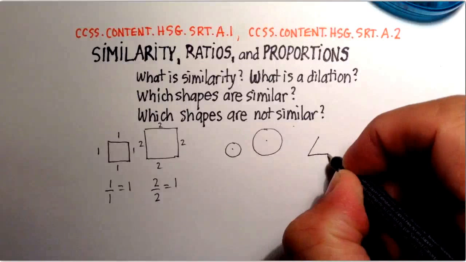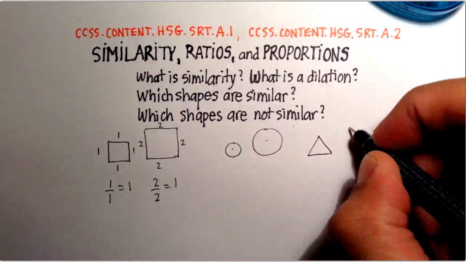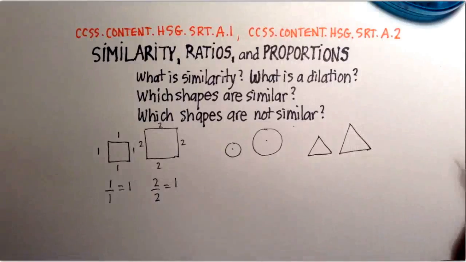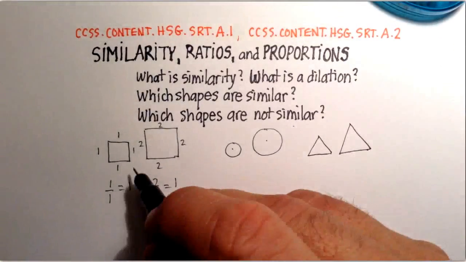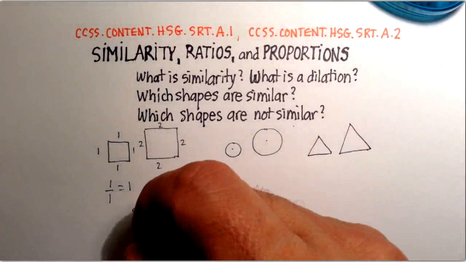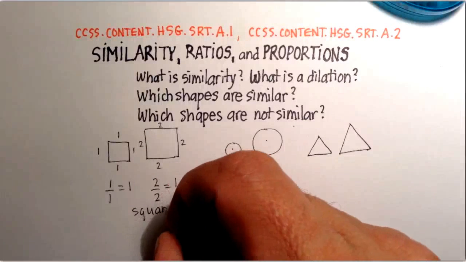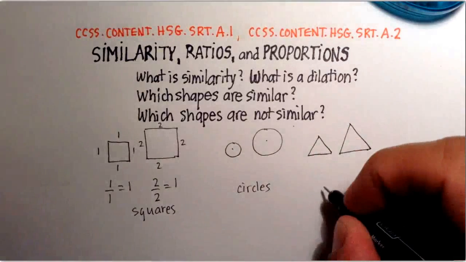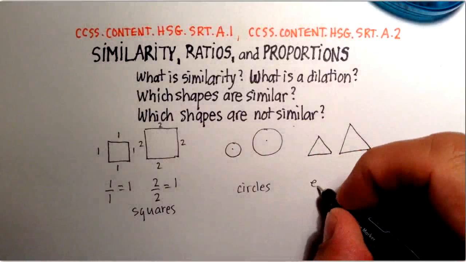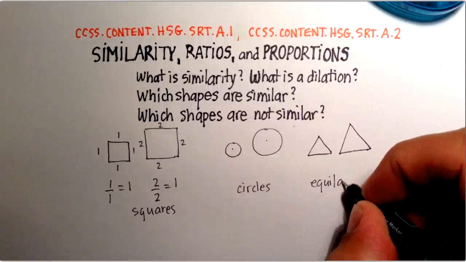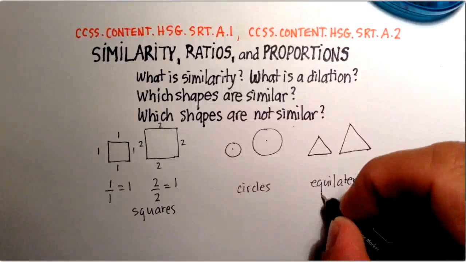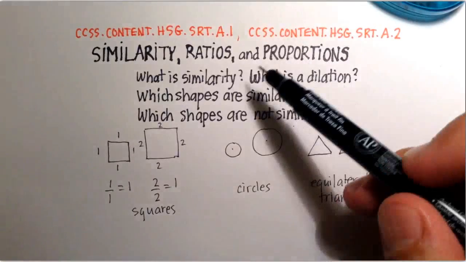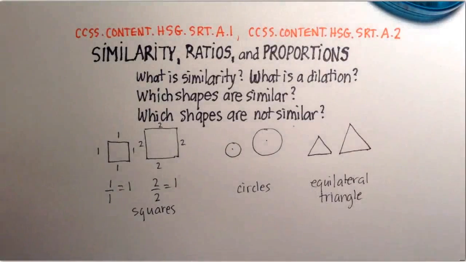Remember, equilateral triangles have all sides of equal length, which means that the angles are equal. So squares, circles, and equilateral triangles are all what they call similar polygons. And again, what makes them similar? The proportions or the ratios remain the same.